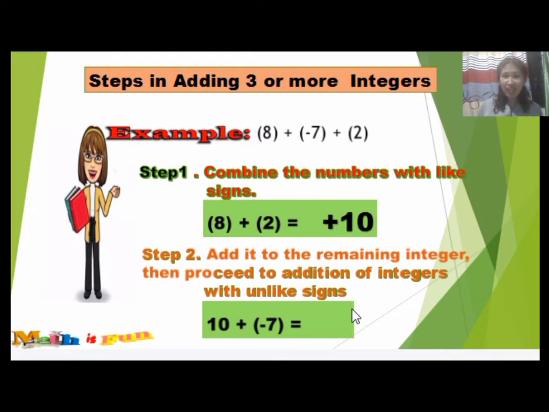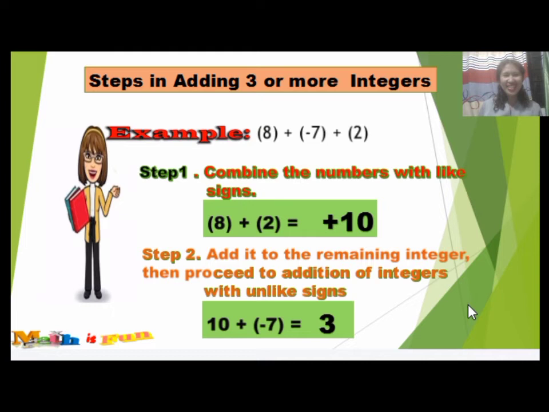What will we do again? We have to subtract and carry the sign of the number with a greater absolute value. So let's subtract. 10 minus 7, that is 3. It's positive because 10 is the number with a greater absolute value.